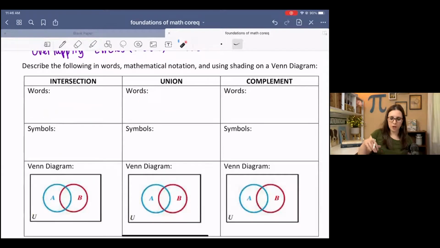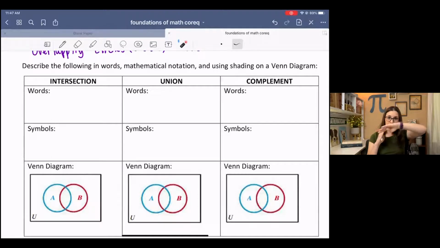We have some different operations that we can do with sets. There's more than this, but for the sake of this lesson, these are the only three we're going to look at. We have the intersection, the union, and the complement. An intersection is what you would think it is. Let's think about roads. If you're at an intersection, that's where they cross, right?